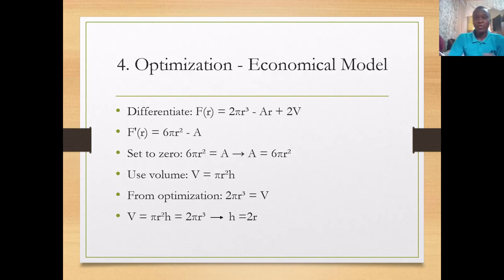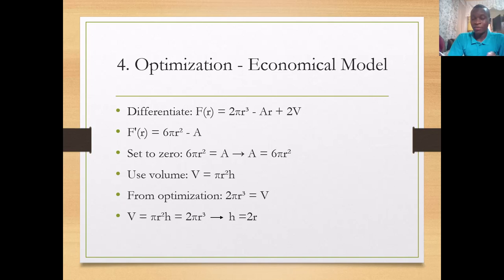So let's go ahead to the optimization model, the economical model of this formula. We are going to differentiate the expression 2πr³ - Ar + 2V, where A is the area and V is the volume.